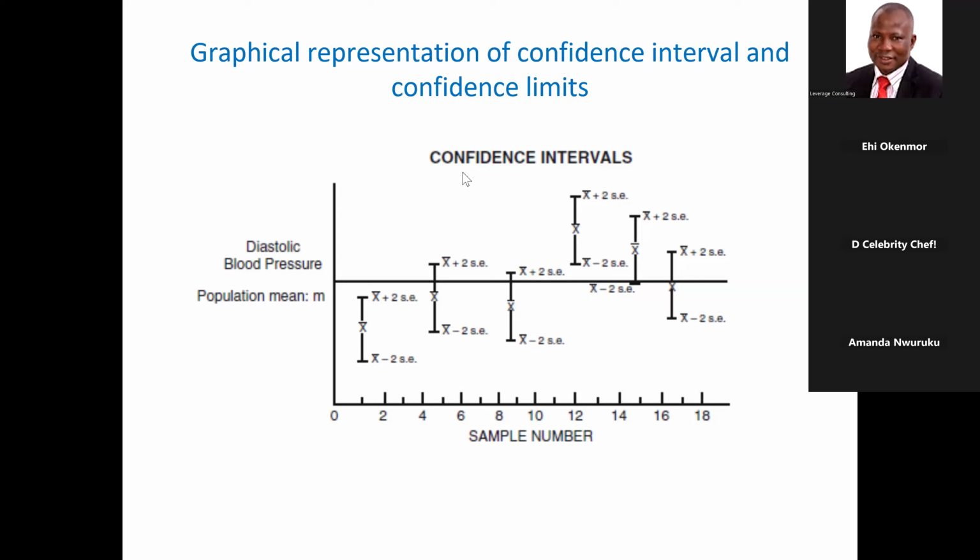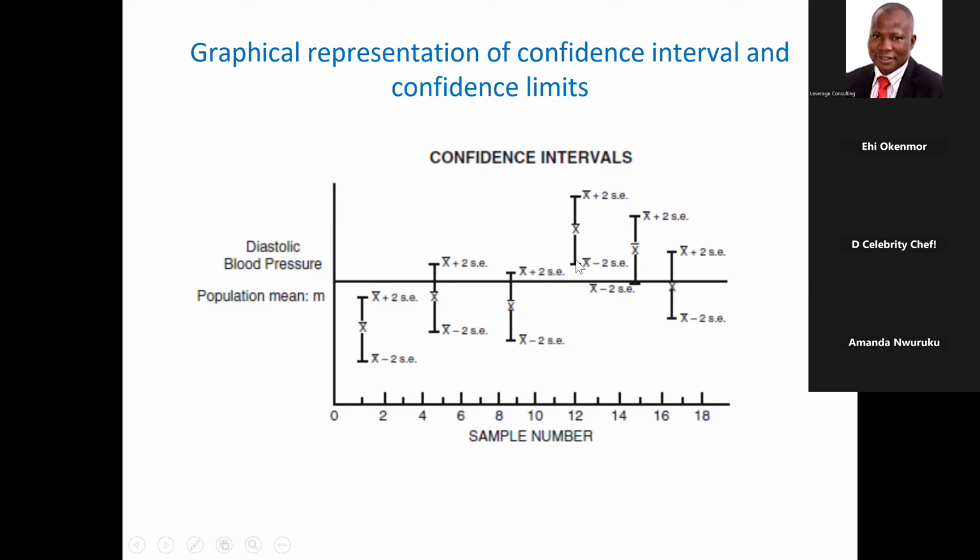If you look at the first one, the mean is the estimate in the middle, with the lower and upper limits. But for this first one, the range does not include the population mean. Number 4 also is above.